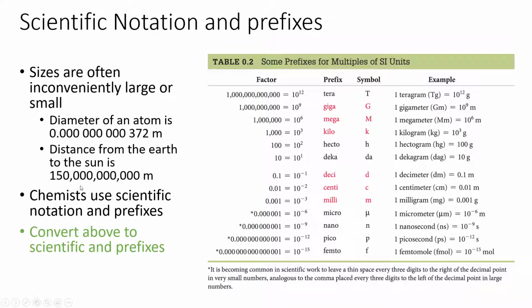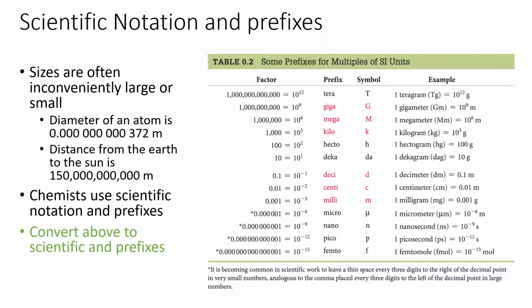Whereas the distance from the Earth to the Sun is, what is that, 150 trillion meters away. Again, that's an impossibly large value that's very difficult to work with. If we want to express these two very cumbersome values using scientific notation, it's really quite easy.